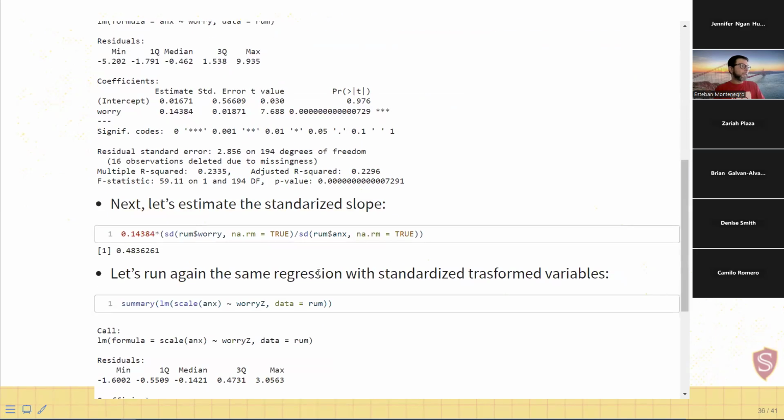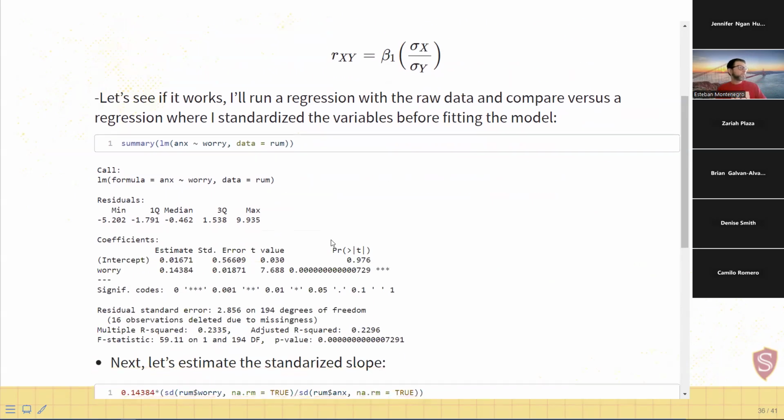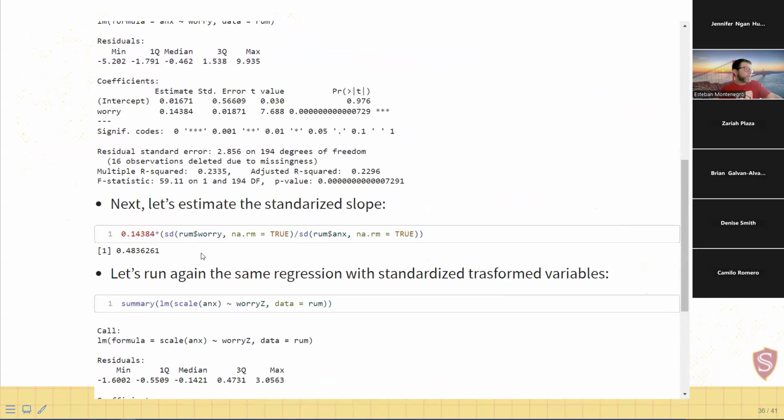And actually, I'm doing it right here. What it means is that you take the estimated beta, and you first divide the standard deviation of x by the standard deviation of y, and then you multiply this by your estimated slope. I made an example of that.